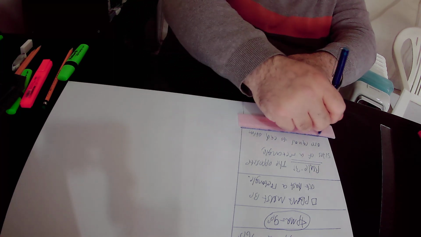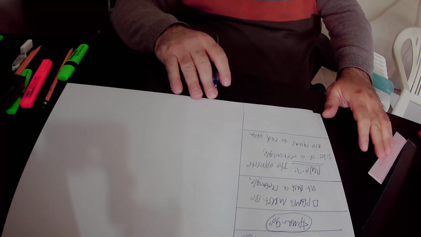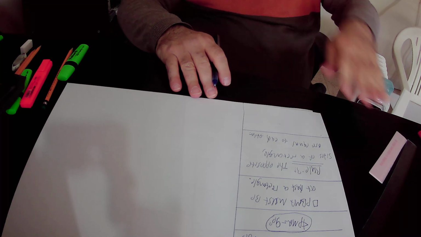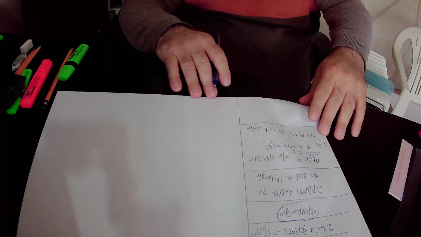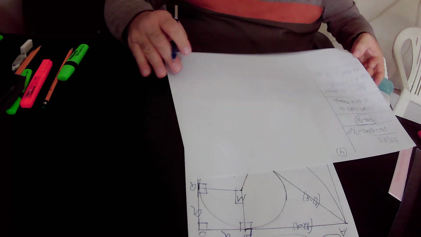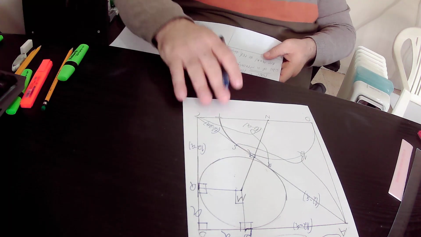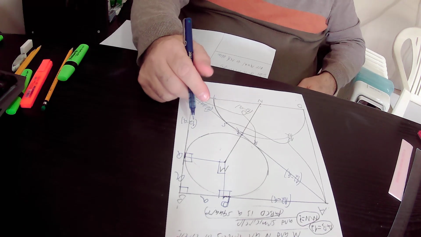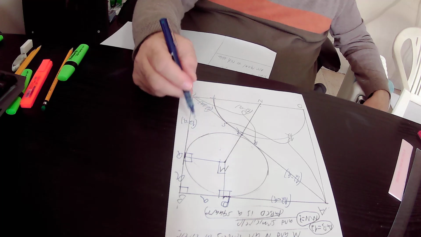So I repeat again rule number 3. According to rule number 3, the opposite sides of a rectangle are equal to each other. That is to say, the opposite sides of rectangle PBMQ are equal to each other. What does it mean? It means that PB is equal to MQ.